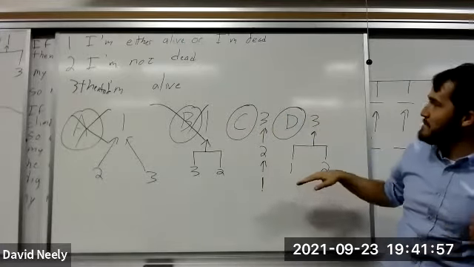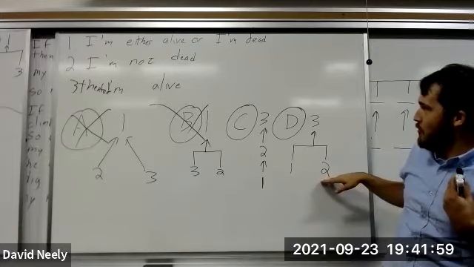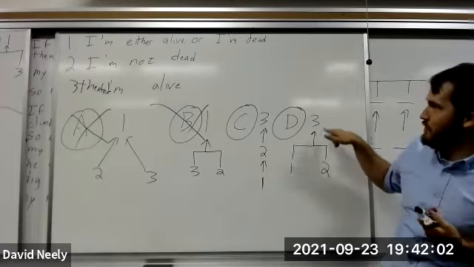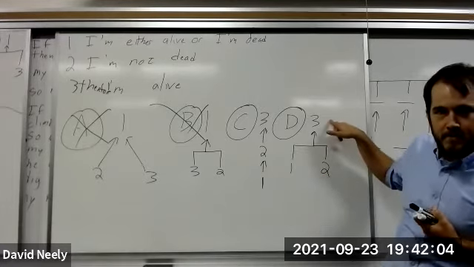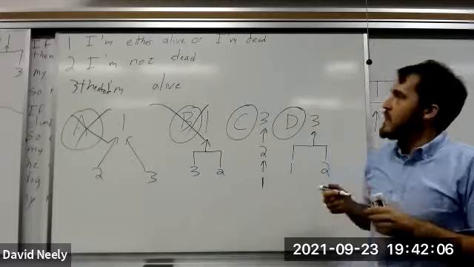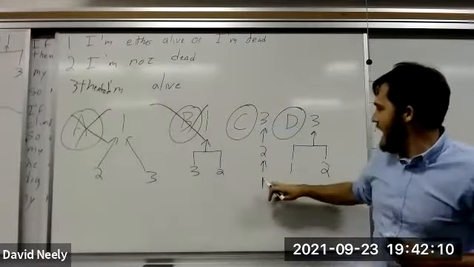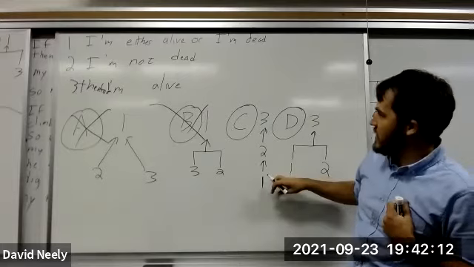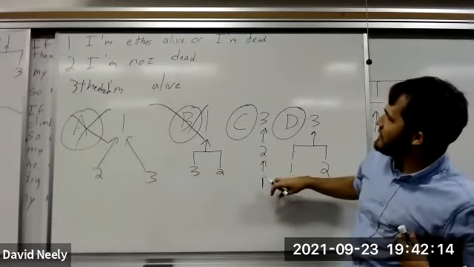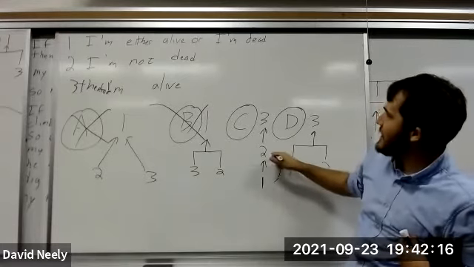Or is it the case that I'm not dead and I'm either alive or I'm dead together prove that I'm alive? I think it's D. Yeah, it's D, because in this case, the fact that I'm either alive or I'm dead does not prove that I'm not dead.